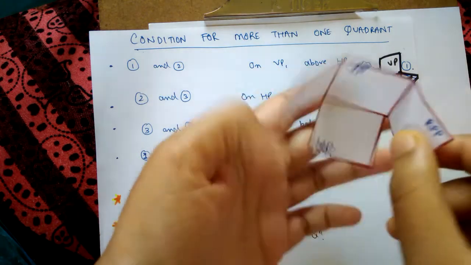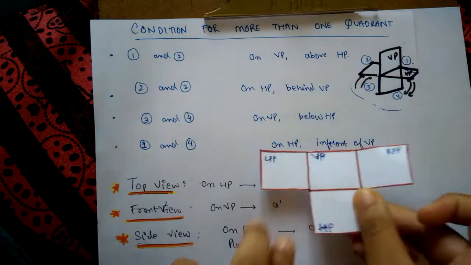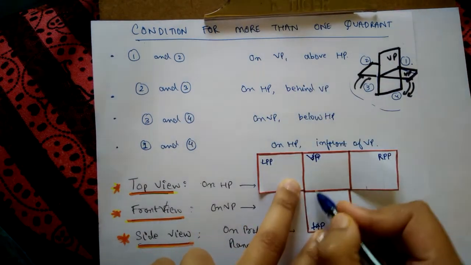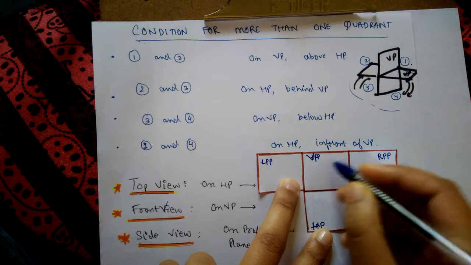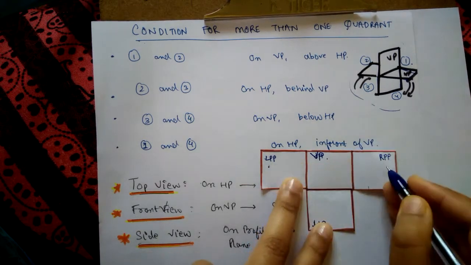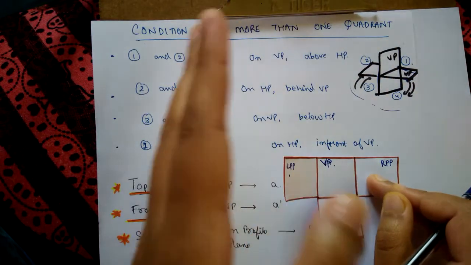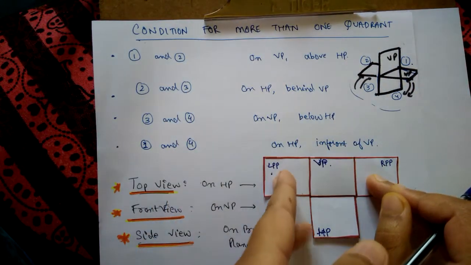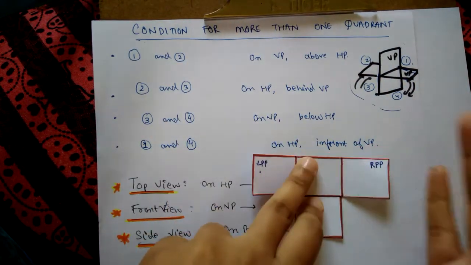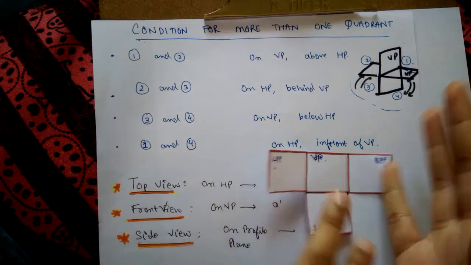When we open up this diagram, it will look like this on a paper. We have a line separating VP and HP, and two more planes, the left profile plane and the right profile plane. Since this one is to the left from in front of our eyes, it is the left profile plane, and since this one is to the right of us, it is the right profile plane on a paper.